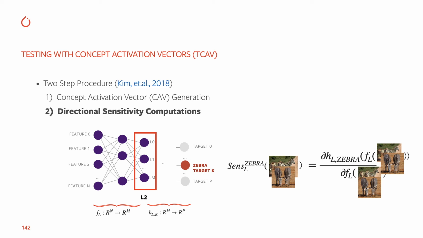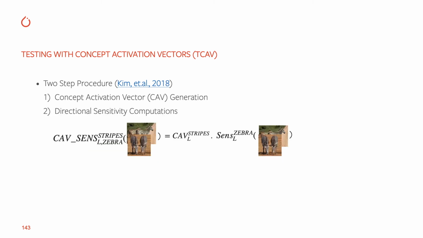We denote the gradients of the output zebra class with respect to the output of layer 2 as sense subscript L superscript zebra. Next, we combine the outputs of those two steps, CAVs and directional sensitivities, together with a dot product, which results in a CAV_sense vector that describes the sensitivity of each zebra image to the stripes concept in the layer L2.